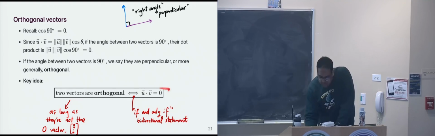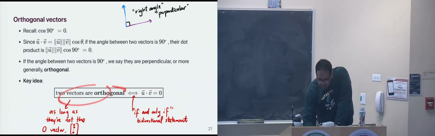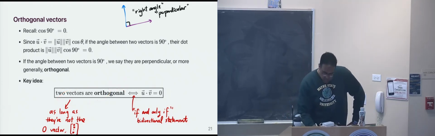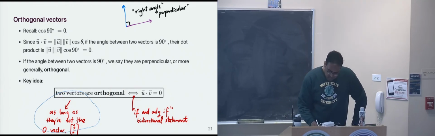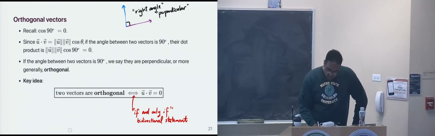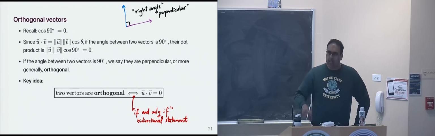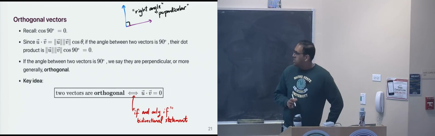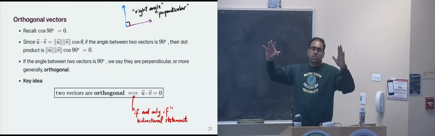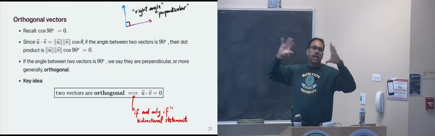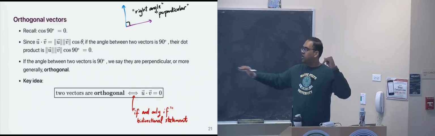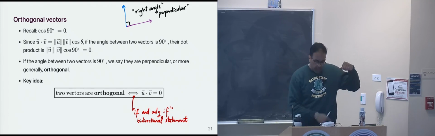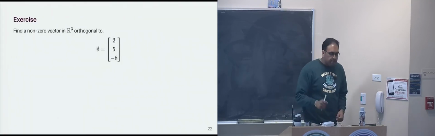So if their dot product is 0, they're orthogonal. If they're orthogonal, their dot product is 0. I might even remove this condition because, by convention, they'll define the 0 vector to be orthogonal to every other vector. So you don't need that condition. But the big picture idea: if there's a right angle between the 2 vectors, their dot product is 0. Do we agree? Okay, so to test this out, here's an exercise.